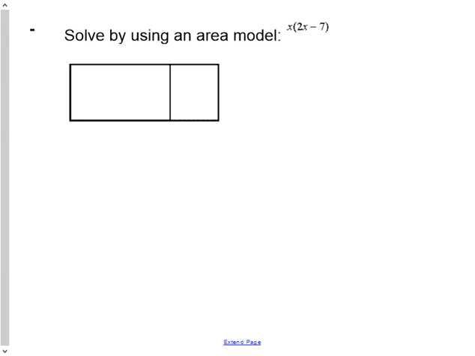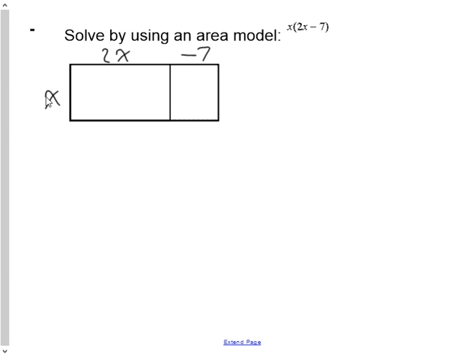Your next question asks you to use an area model to solve, and it gives you the product of x and 2x minus 7. So of course, since it's an area model, the x will be our monomial side, and our 2x minus 7 will be the 2 parts to this length of the entire rectangle.